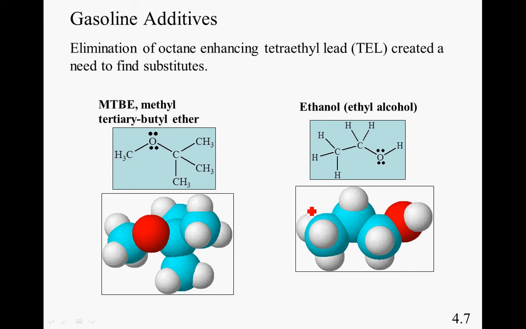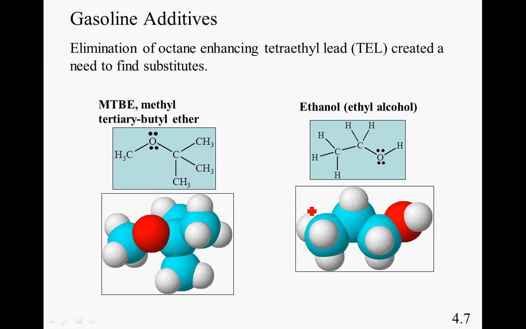To improve the octane rating, chemists were using tetraethyl lead to reformulate the gasoline and increase the good octane and prevent knocking. However, there was a large and understandable desire to get rid of this additive because of the lead.